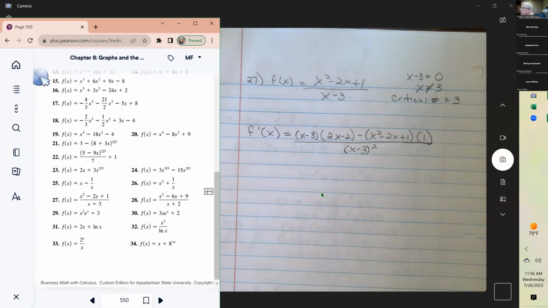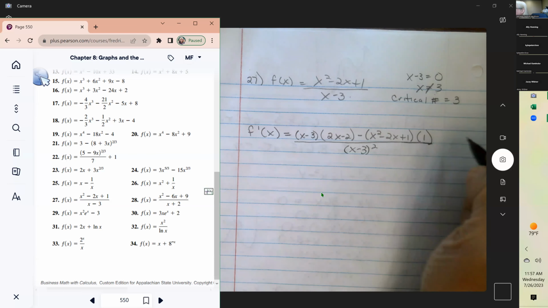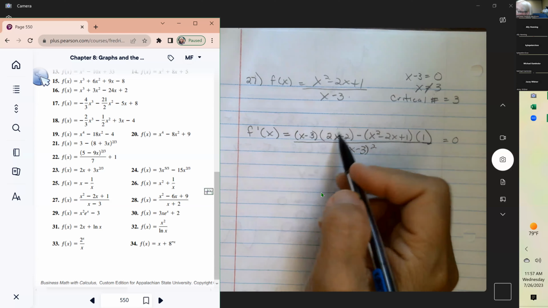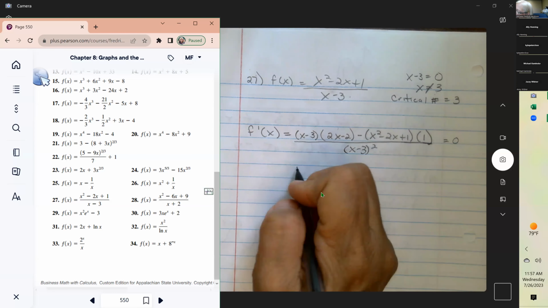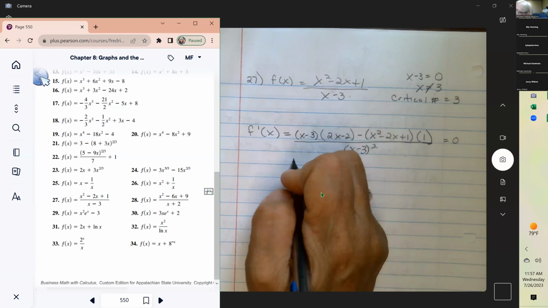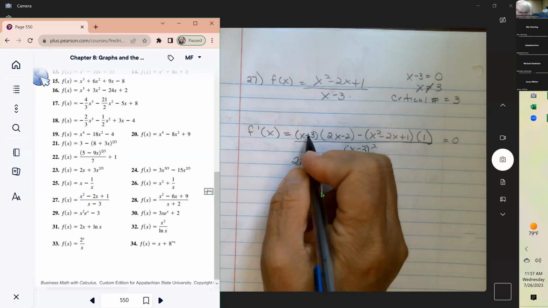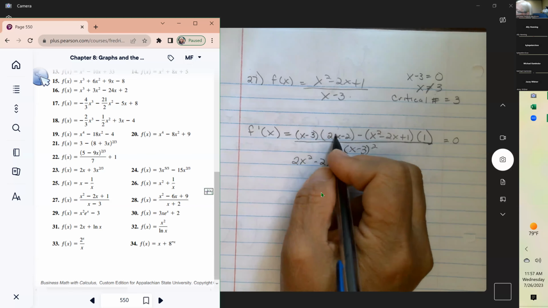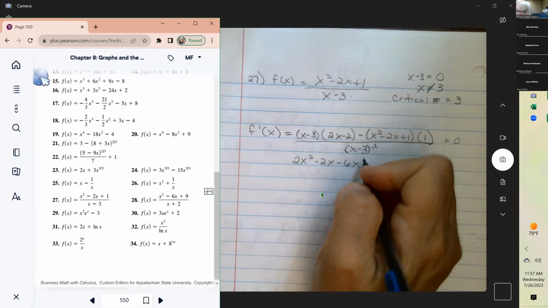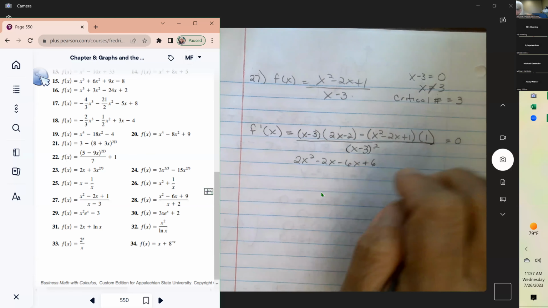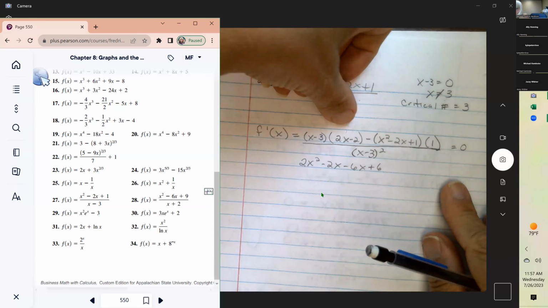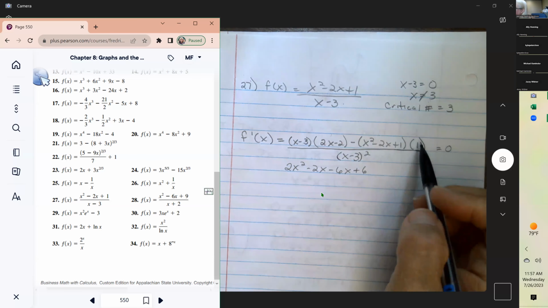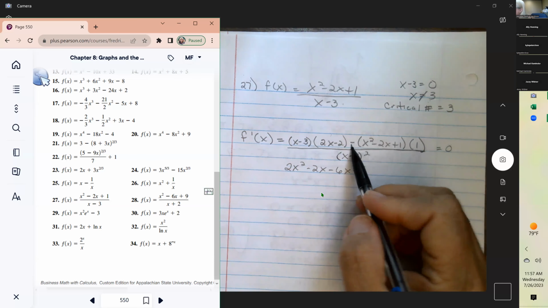Okay, we will need to simplify since we have to set it equal to 0 and solve. So the top part I'd FOIL. First would be 2x squared minus 2x minus 6x plus 6. And then this one, we're distributing a -1.